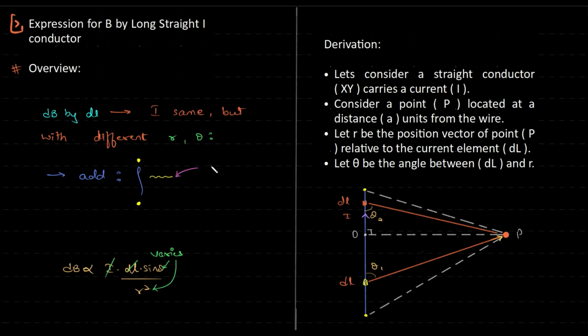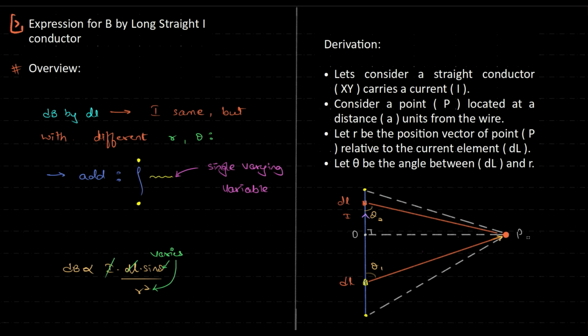This has to be in terms of a single varying variable of integration, and with respect to that, the limits as well. So this is what we are trying to look at.